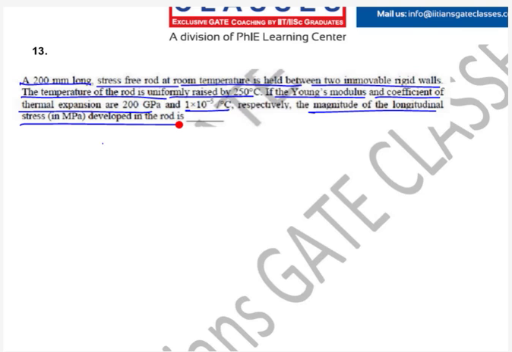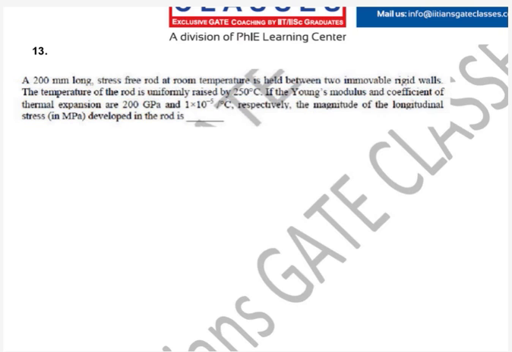So now again tell me, the longitudinal stress, which is thermal stress, will it be plus or minus? Why plus? They just asked longitudinal stress. They didn't ask it has to be negative.